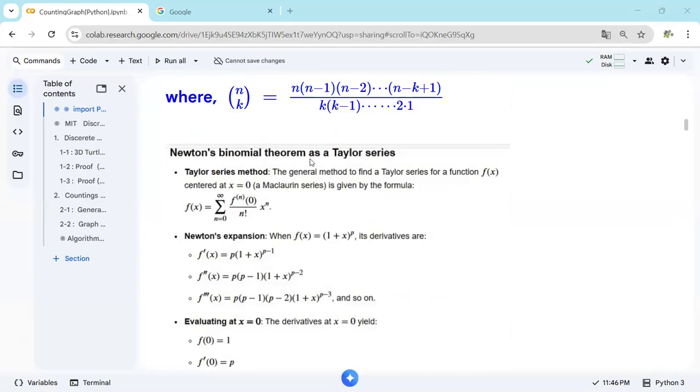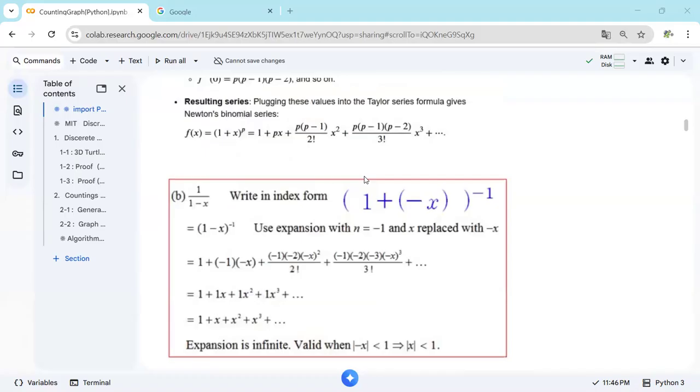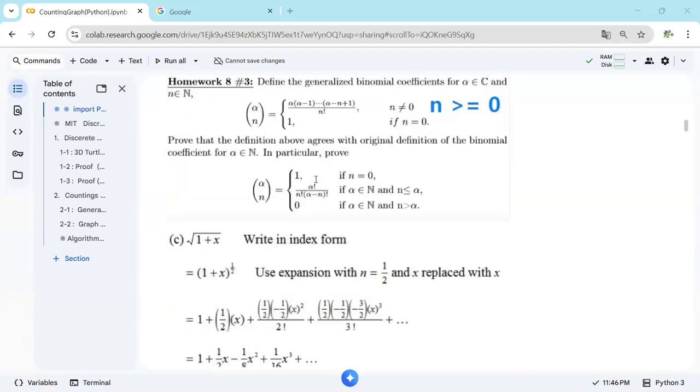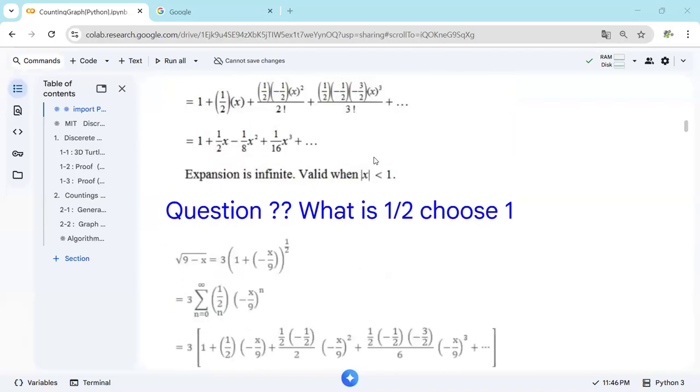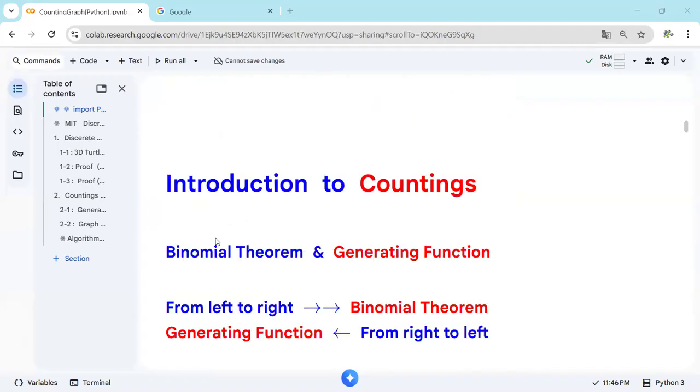So there is a very important relationship between Newton's binomial theorem and calculus. So lots of calculus can be reinterpreted in terms of discrete mathematical thinking. So it's very, very important.